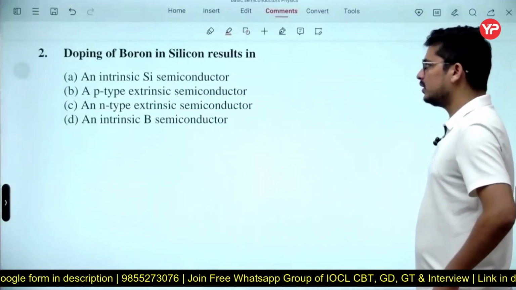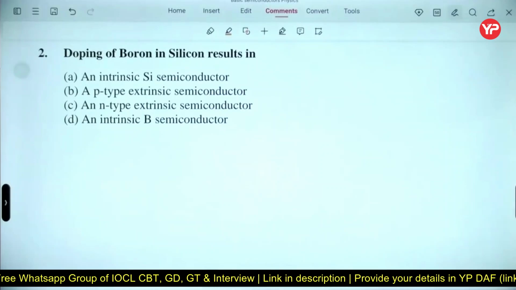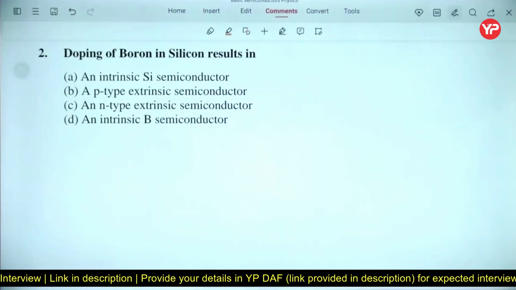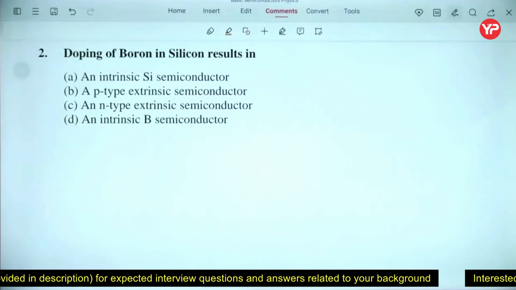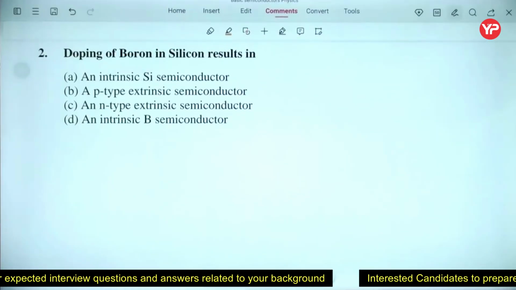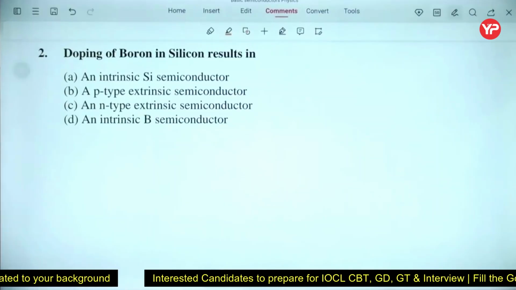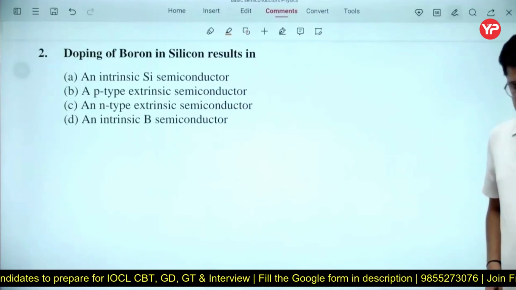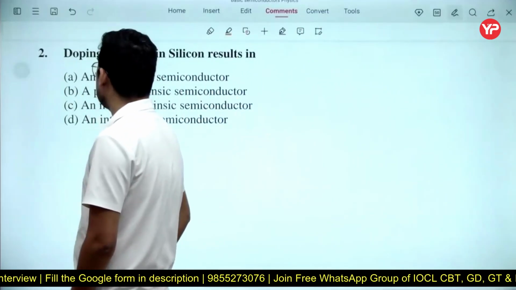The doping of boron in silicon results in what? Very good. That will make a p-type extrinsic semiconductor.